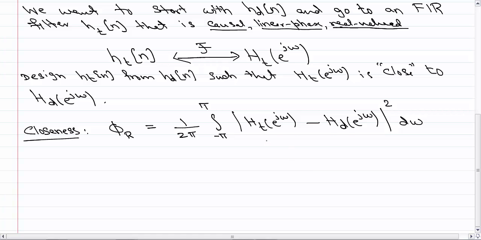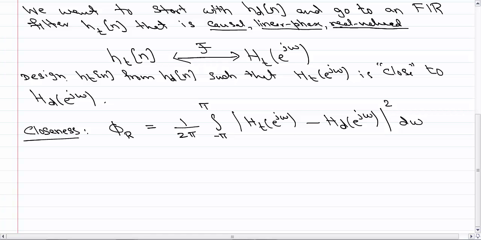So you are computing the absolute square difference between the ideal frequency response and your new frequency response, then integrating that from minus pi to pi, and averaging it by dividing by 2 pi. So that's like the mean squared error. And you are only going from minus pi to pi because the Fourier transform is periodic. So whatever is happening from minus pi to pi is enough for you to determine how close your new frequency response is to the ideal frequency response.